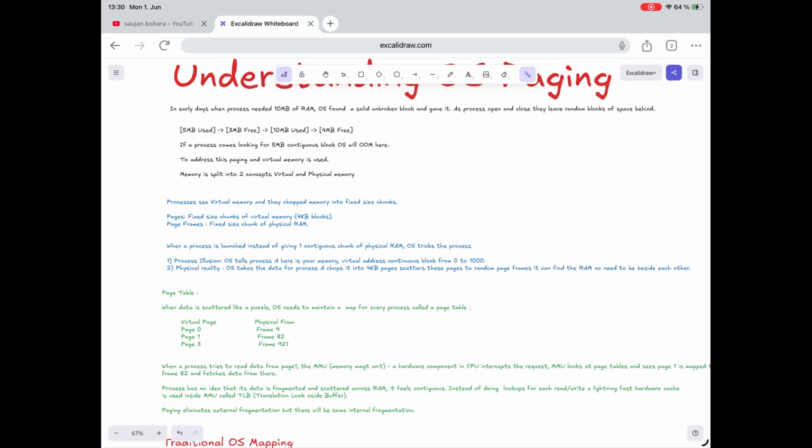What it does is you have this memory address, which would be like virtual memory. So let's say you'll have something like a virtual page 0 that would be mapped to a certain page in your physical RAM, right? So you have your virtual address that is mapped to a physical address. That's it.